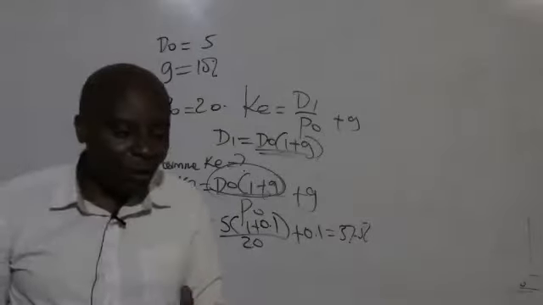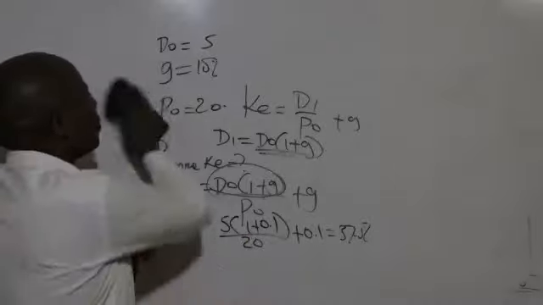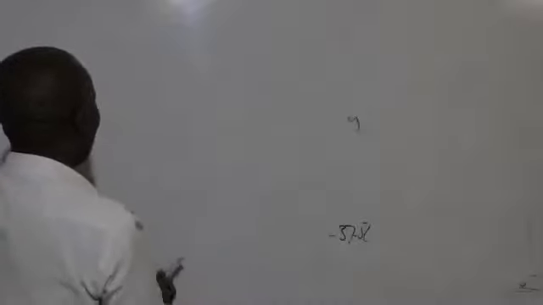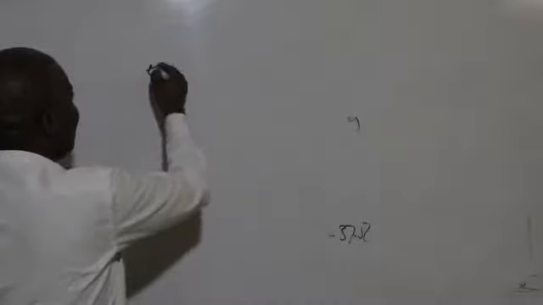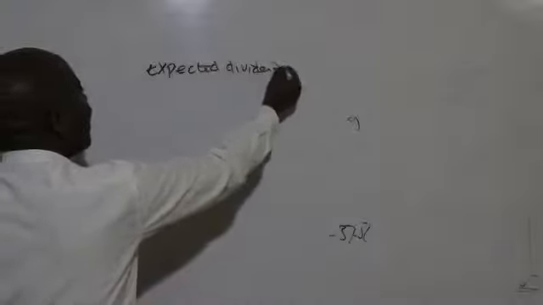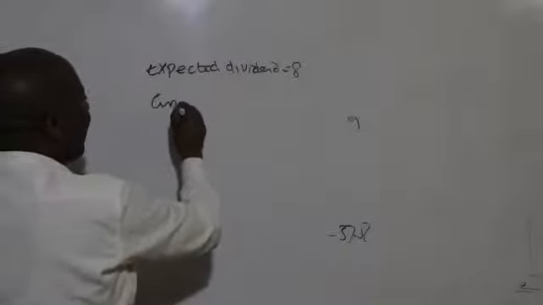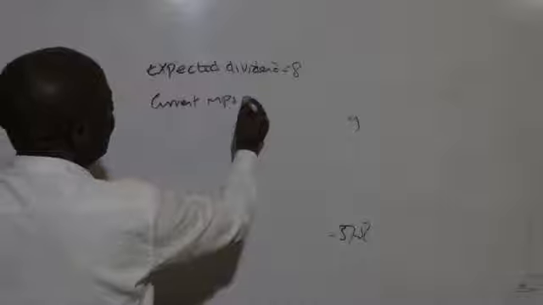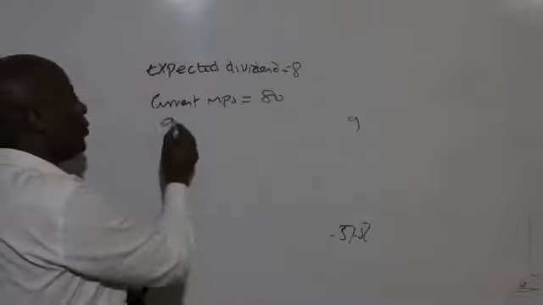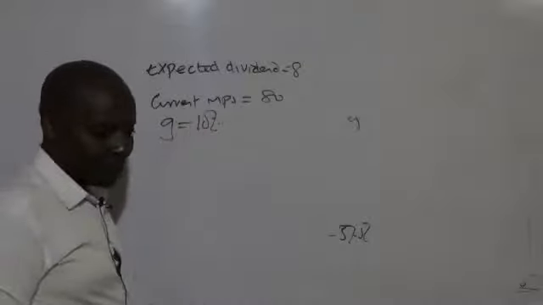I hope I've been able to tell you, ladies and gentlemen, that if you get a question like this, for example, somebody tells you that the expected dividend is 8, then they give you the current market price per share is 80, and then they give you the growth rate, which is perhaps 10%.